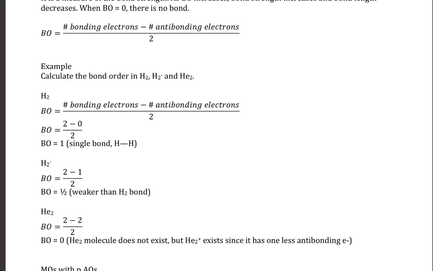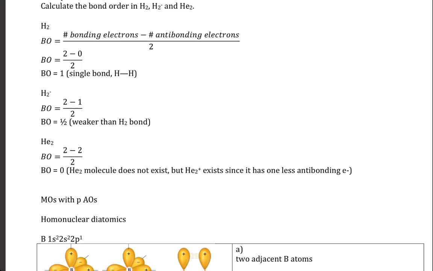Bond order is the total number of bonding electrons minus the total number of antibonding electrons, all divided by 2. For example, calculate the bond order of H2, H2 minus, and He2.